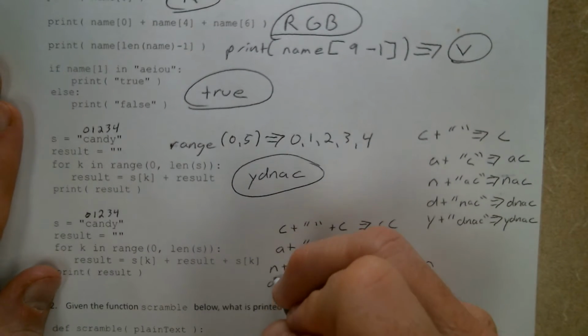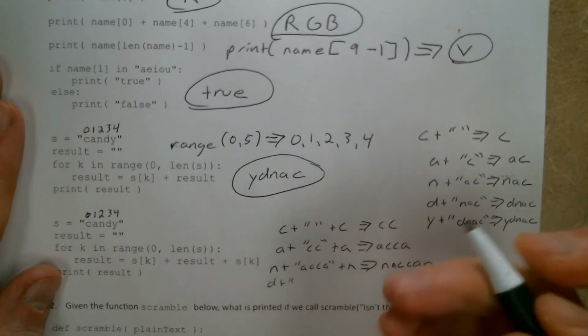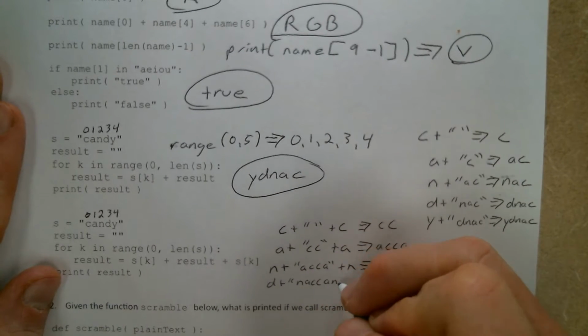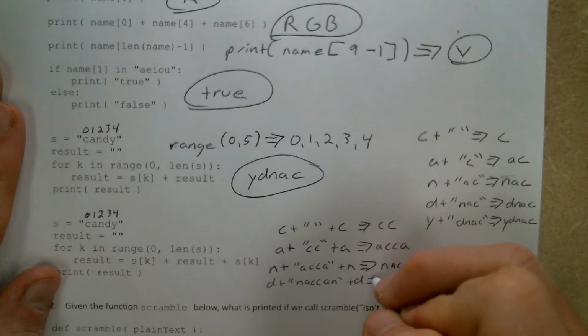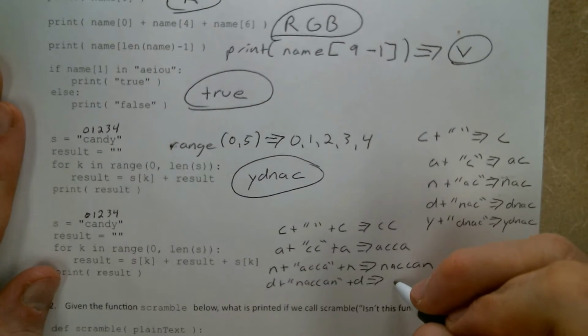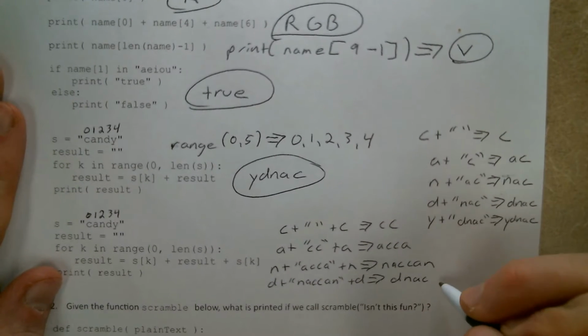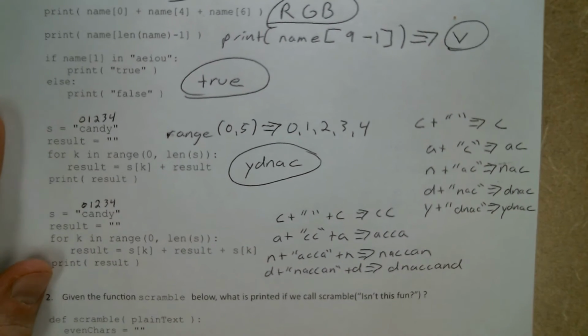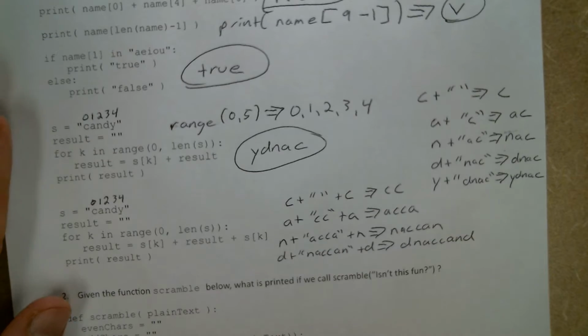And then we'll do the same thing with D, and here we have NACCAN plus D, and that gives us DNACCAND. So it's basically just doing the word backwards and forwards.